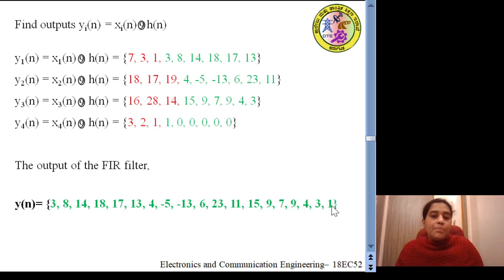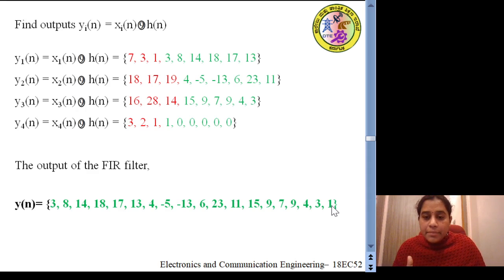And you can observe one thing here. Though we have not done the linear filtering directly by considering x of n with h of n, instead we have divided x of n into a number of blocks of data, that is xi of n, and we are performing 9-point circular convolution of individual blocks with the impulse response to obtain the output blocks, and then we combine those output blocks to obtain the final output.